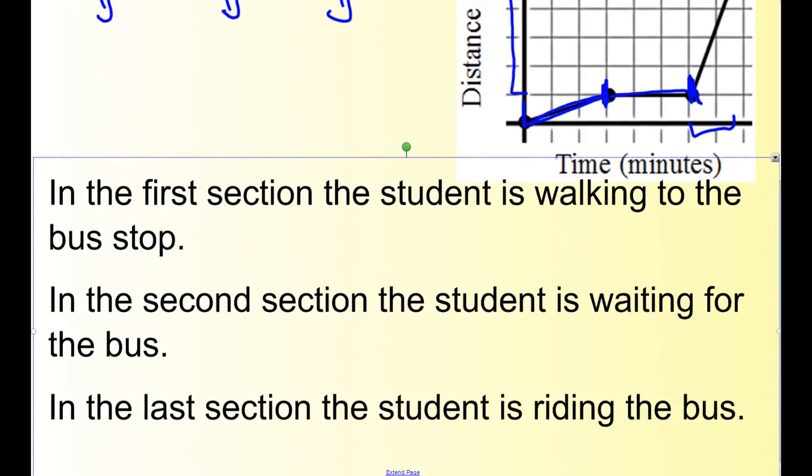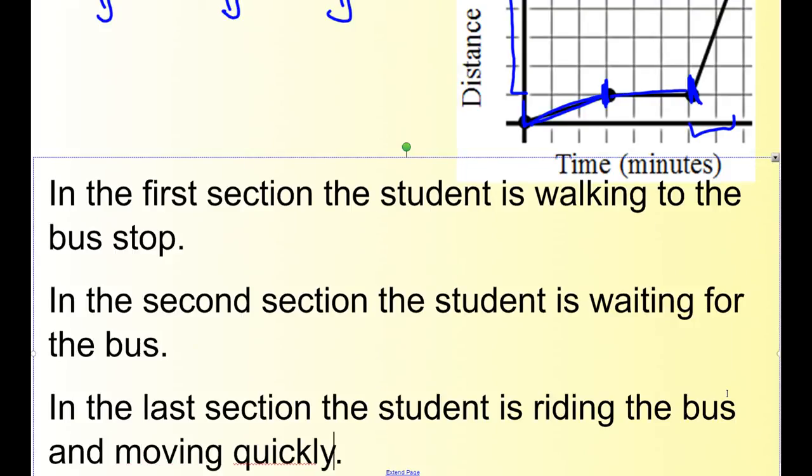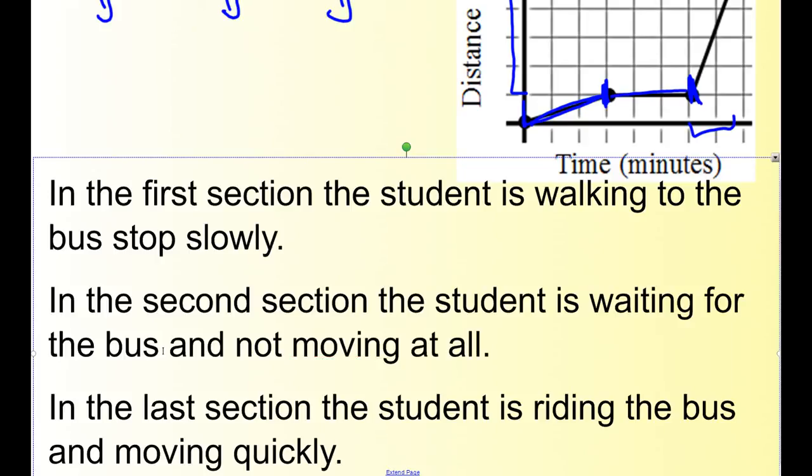And then finally in the last section, the reason why he's moving very fast is the student is riding the bus and moving quickly. Let's see, what other details? The first section, the student is walking to the bus stop slowly. The second section, the student is waiting for the bus and not moving at all. And finally, in the last section, the student is riding the bus and moving quickly.